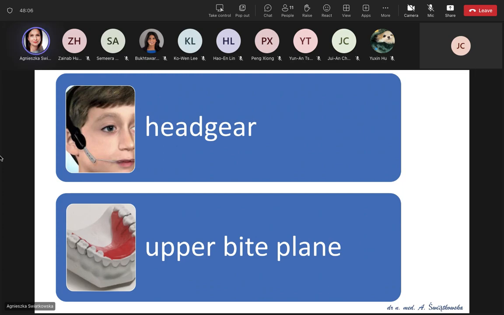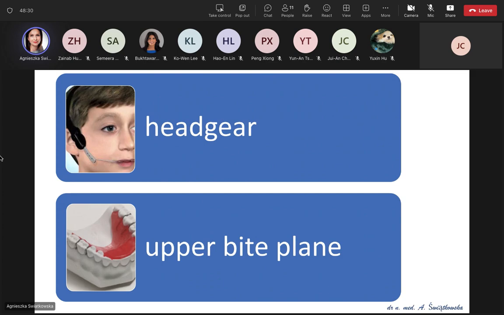The most often used, and still the most useful appliance nowadays, is the face mask, because headgear is not as useful as earlier, because we have micro screws, micro implants.